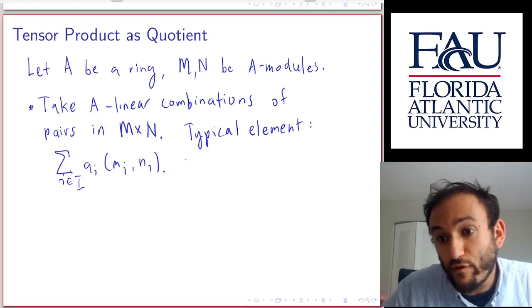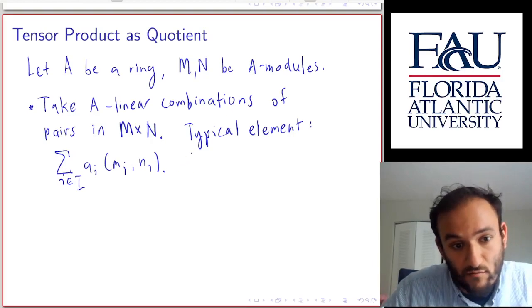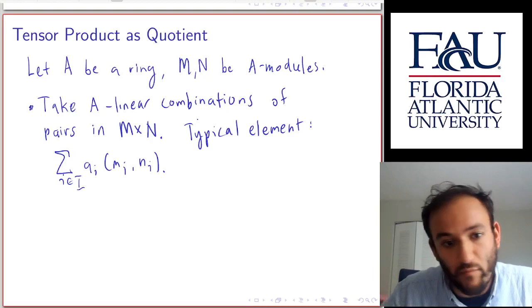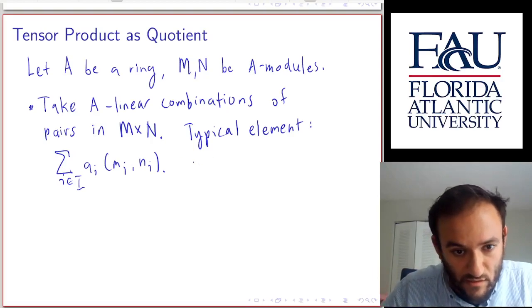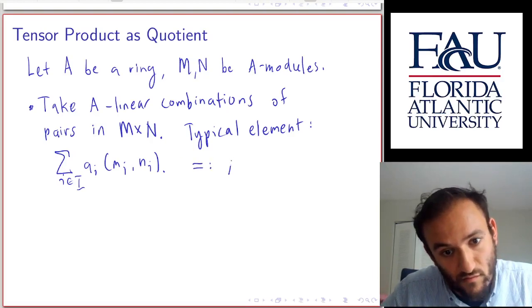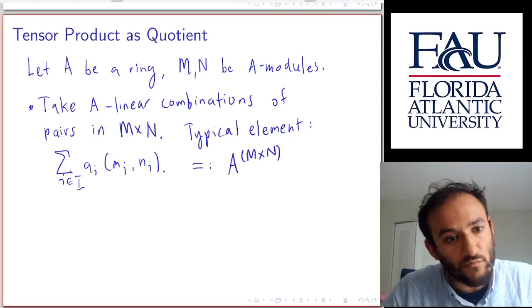This is called the free module on M cross N because you can take free A linear combinations. So this is denoted A to the M cross N.